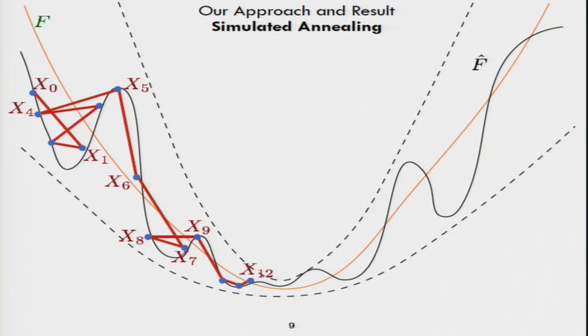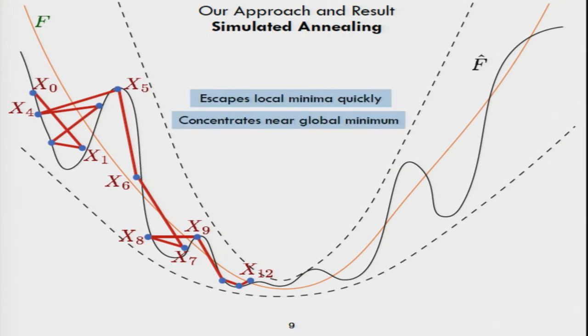So to solve this problem, we use the simulated annealing method, which means that we start by running our Markov chain at a high temperature so that it can escape the local minima, but then we gradually decrease the temperature so that it eventually concentrates near the global minimum.